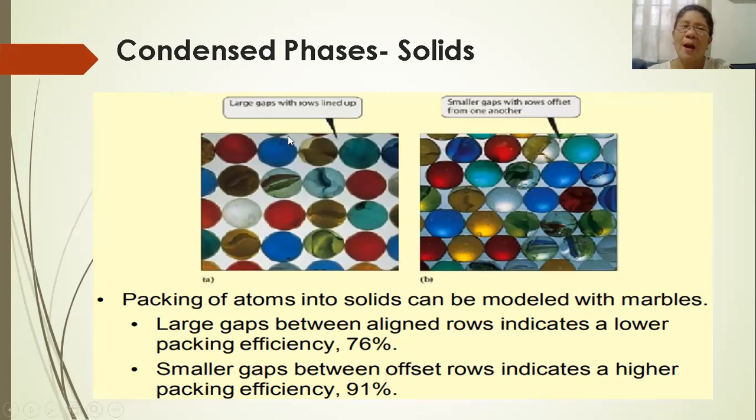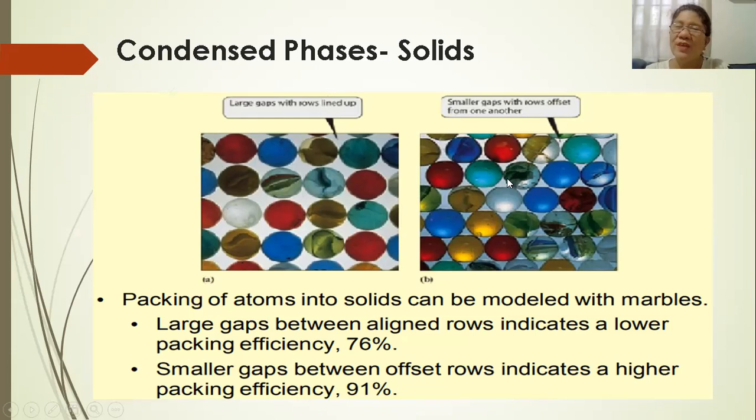So there are large gaps. The other term for this space is gaps. There are large gaps with the rows lined up. So this is the row there. The rows are lined up, but in between the rows there is empty space.